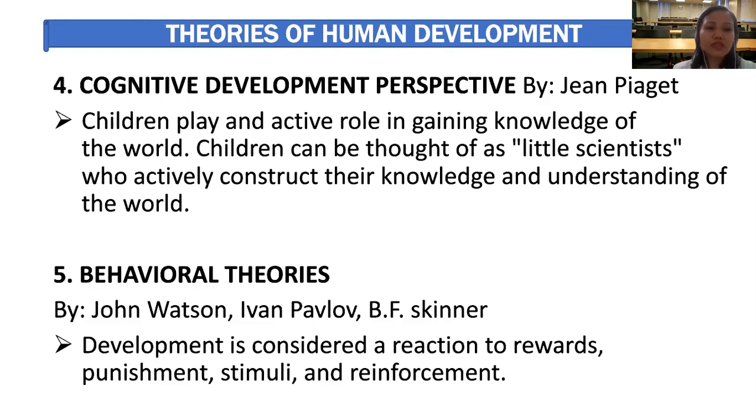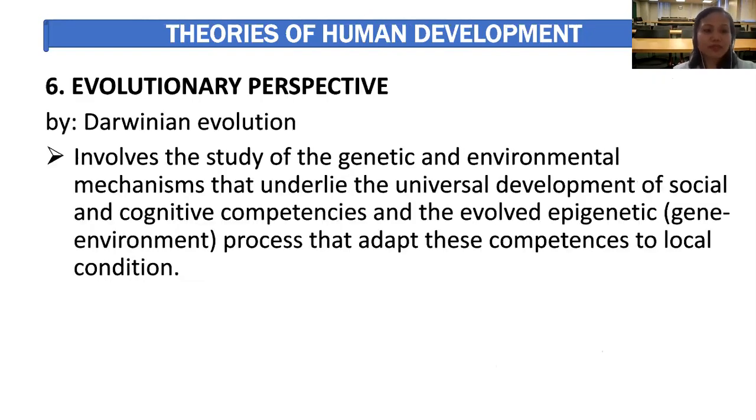Now we have also the number six, evolutionary perspective, by Darwinian evolution, involves the study of the genetic and environmental mechanisms that underlie the universal development of social and cognitive competencies and the evolved epigenetic or gene environment process that adapt these competences to local condition.